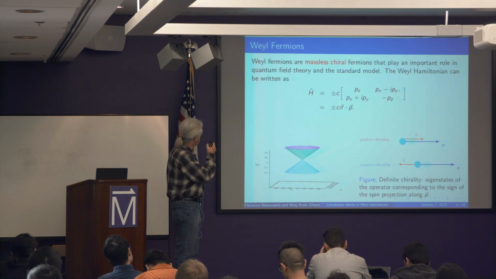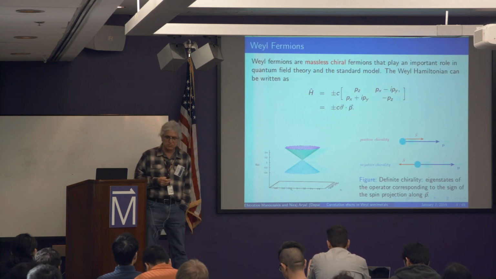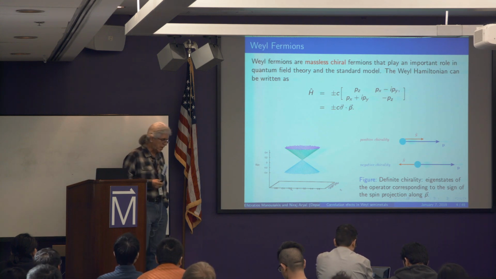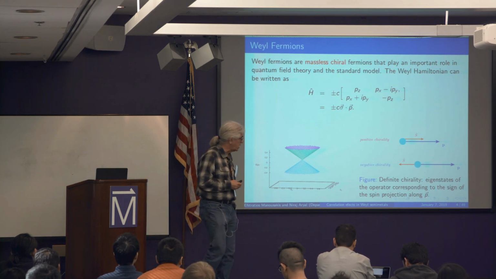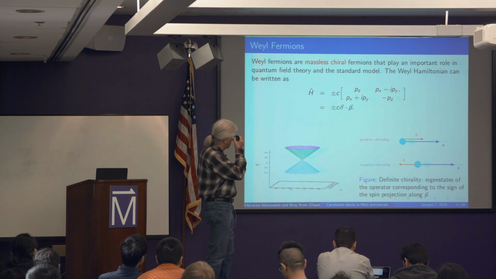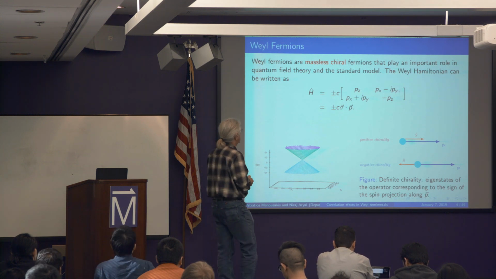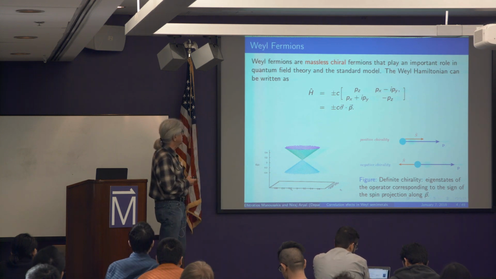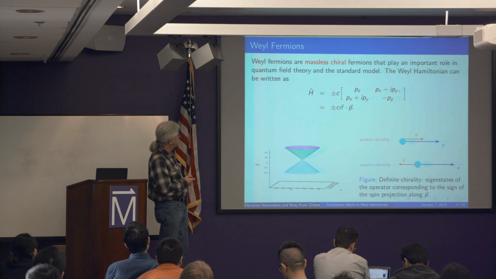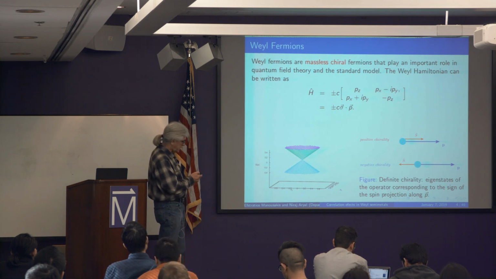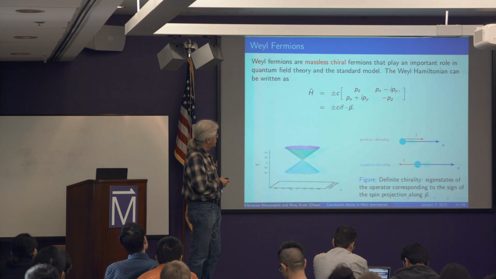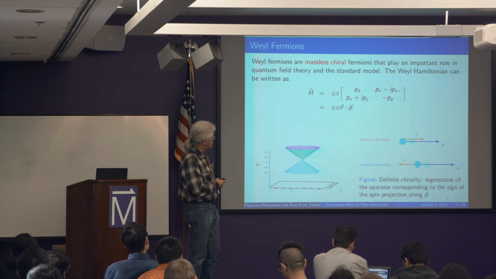So what are Weyl fermions in vacuum? This comes out from the study by Weyl of the Dirac equation in a massless limit, and he realized that you can have this kind of Hamiltonian. It's a chiral massless fermion that we want to describe, and this Hamiltonian is not only producing Dirac cones, but the eigenstates have definite chirality.